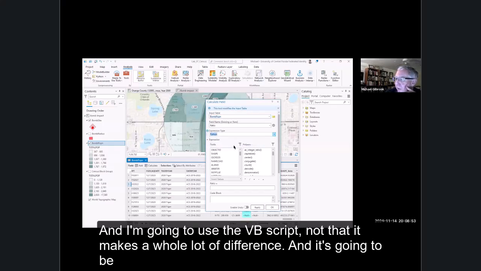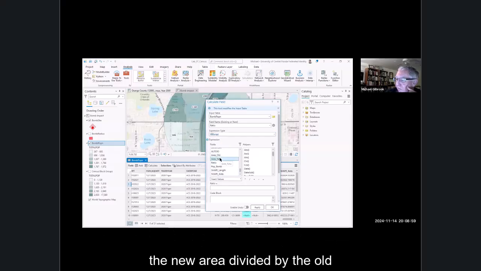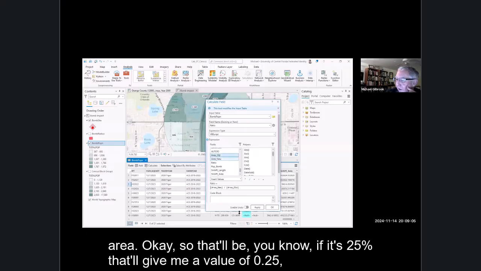And I'm going to use VB script, not that it makes a whole lot of difference. It's going to be the new area divided by the old area. So if it's 25%, that'll give me a value of 0.25, right?